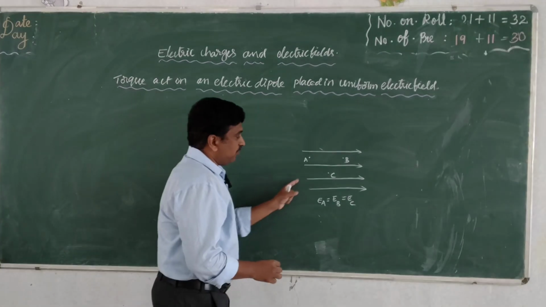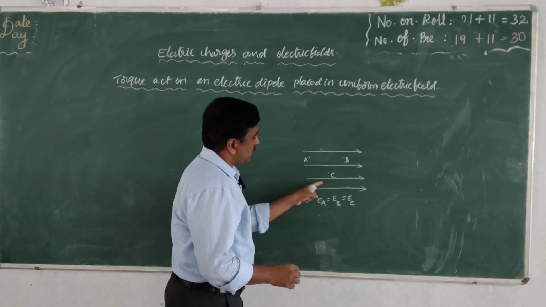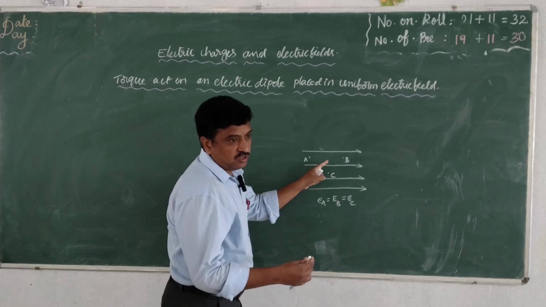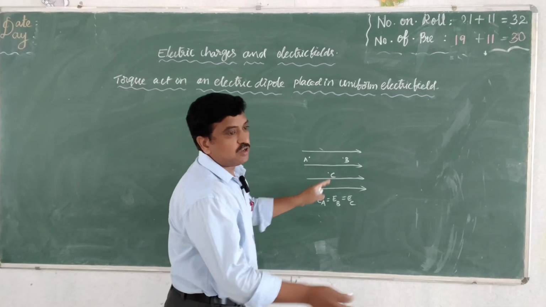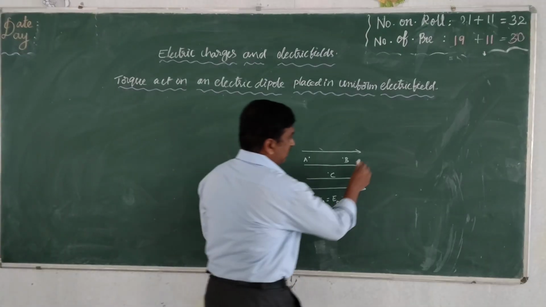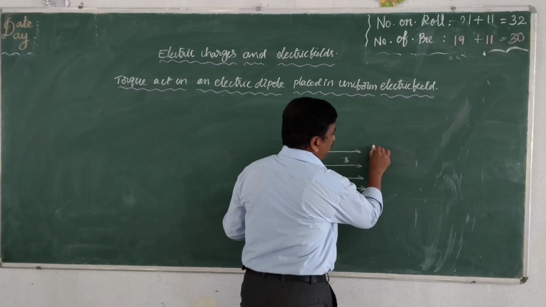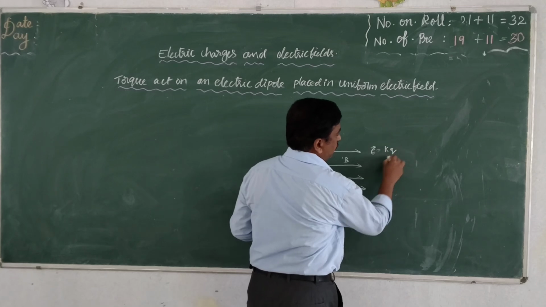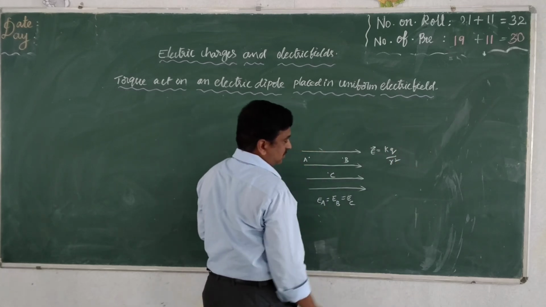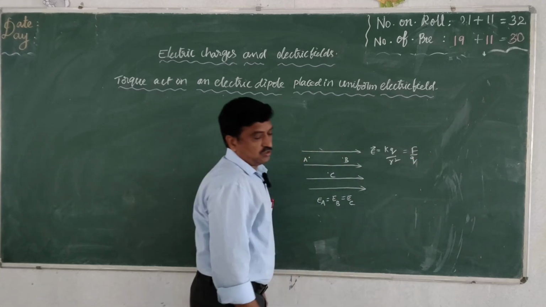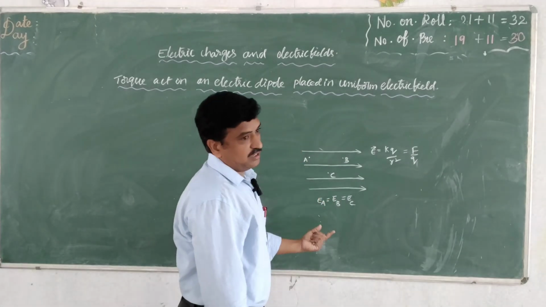Electric field means the region, the space around a charged particle within which a force is exerted on another particle. The electric field is a vector quantity, and we can write E equal to kq by r square. Force per test charge is called the electric field.